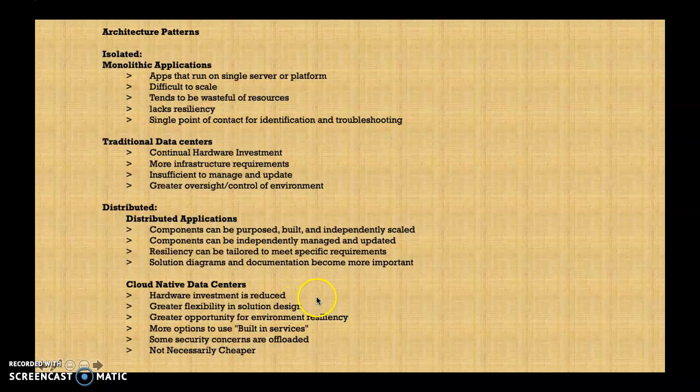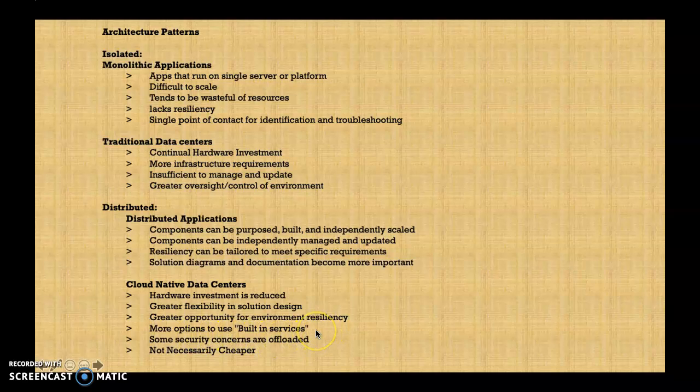You will use a pay as you go model most of the time, and greater flexibility in the solution design. It's already pioneered by whoever owns this data center. So greater opportunity for environment resiliency and more built-in services.